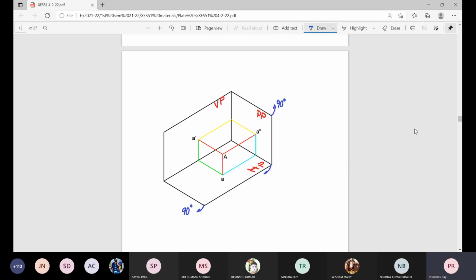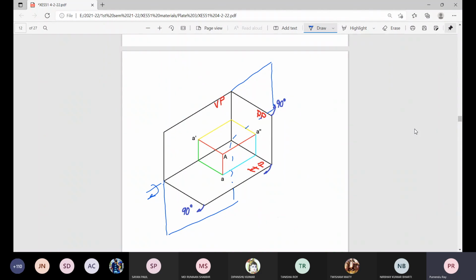We rotate this horizontal plane about this line clockwise, and finally it comes like this. Similarly, when we open this 90-degree to 180-degree shape, a flat surface, then VP and PP are presented by a single flat plane.